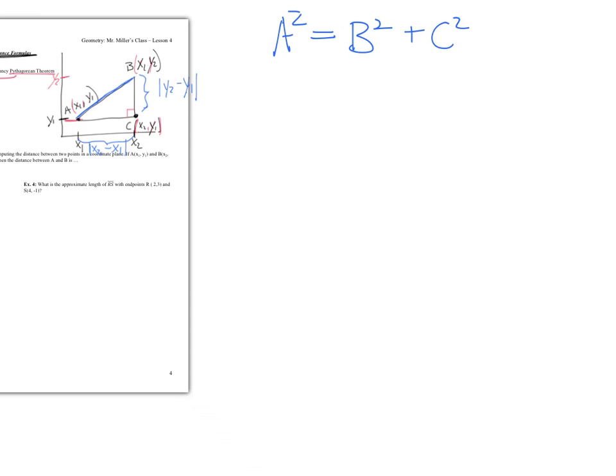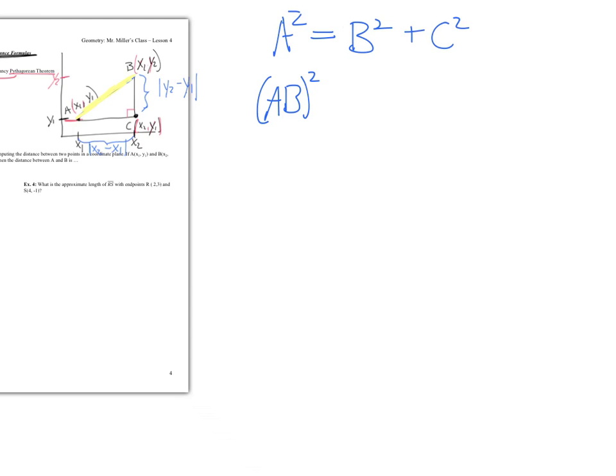In my hypotenuse, which is the length that I have over here in blue, and I'll put it in yellow over here so we can see it a little bit greater. This length right here, that's our a squared value, that's our hypotenuse. So we're going to say that a squared is going to equal our other two distances, the b and the c values. So a squared, which is just representing line AB, because we're looking at that line, and we're going to say this value is squared.